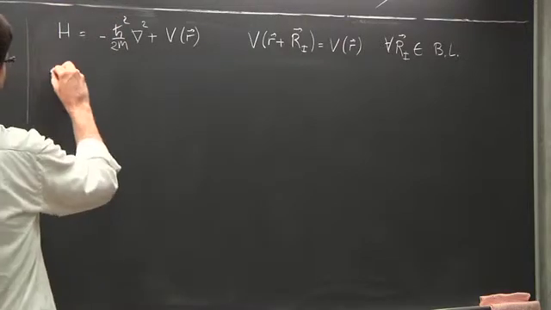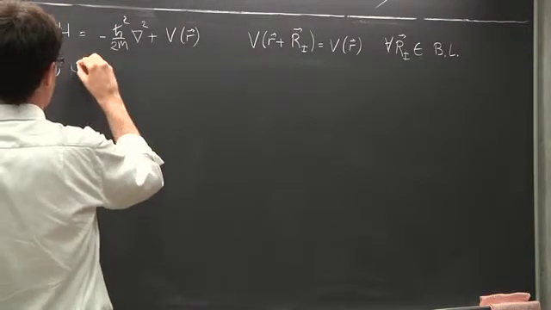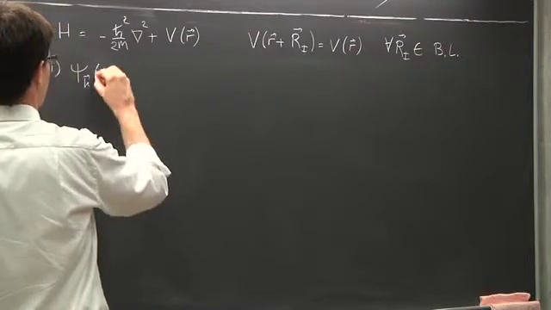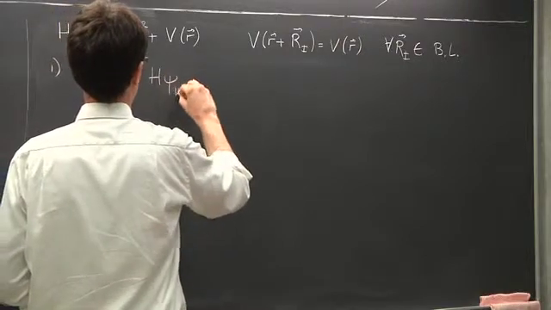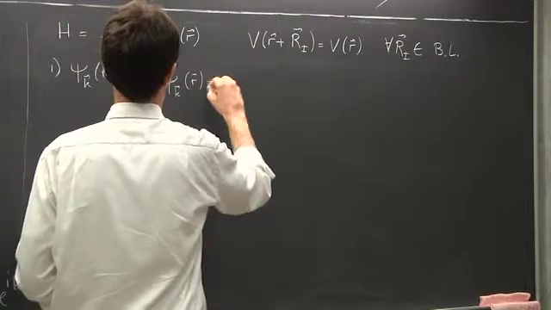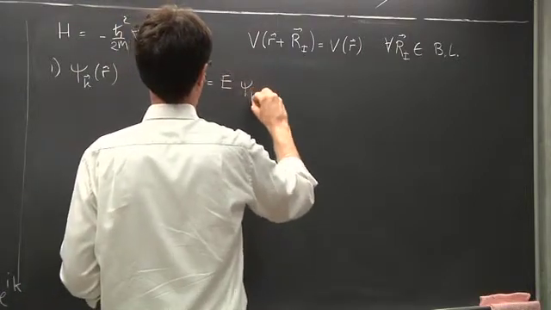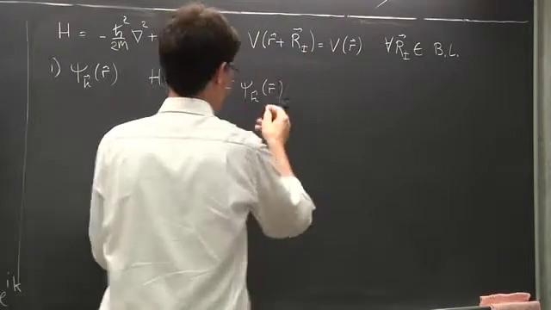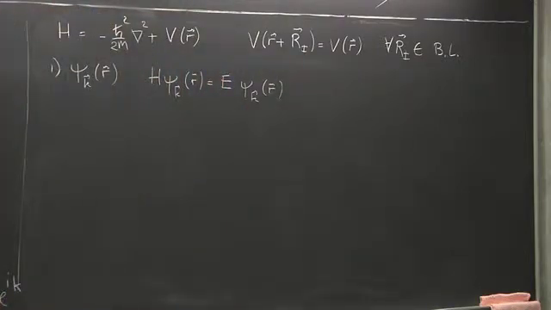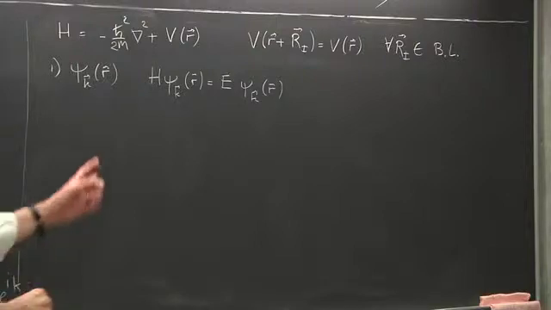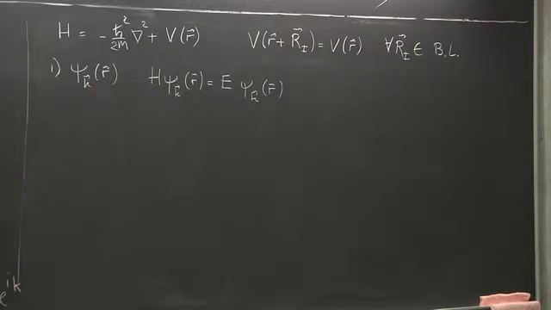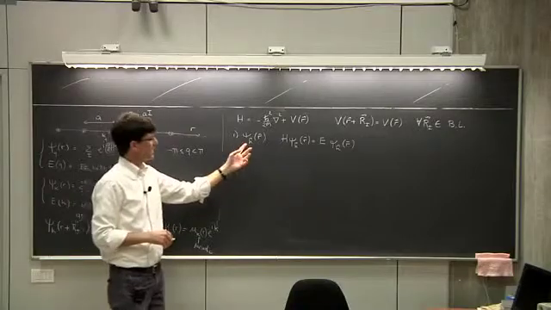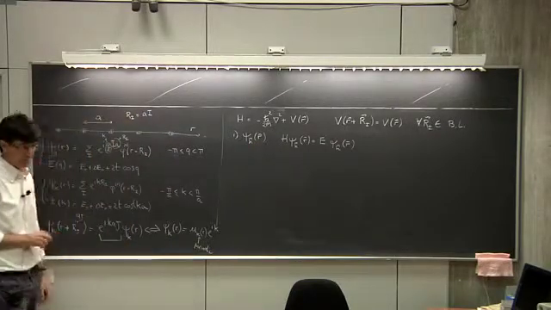The first one is that solutions psi of k of the problem, that is, functions that satisfy this property, eigenfunctions of our Hamiltonian problem, can be classified according to a quantum number k, which is now a 3-dimensional quantum number, not a 1-dimensional quantum number like here. We are in 3 dimensions, so this k becomes a 3-dimensional quantum number.